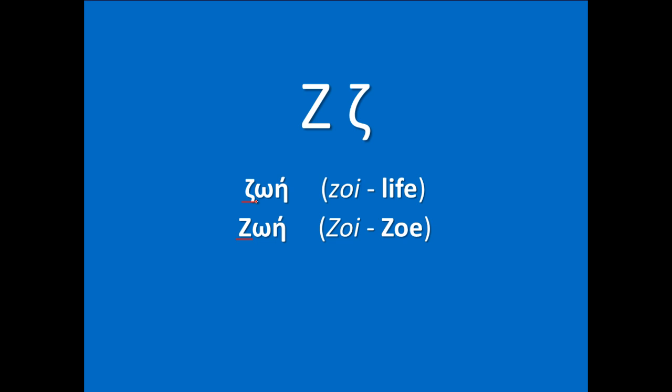You will have in your mind that the letter zeta is pronounced z, like zoo. The capital Zeta, it is written exactly like the letter Z, the English one. It is exactly the same.